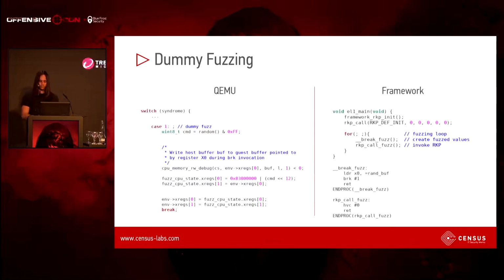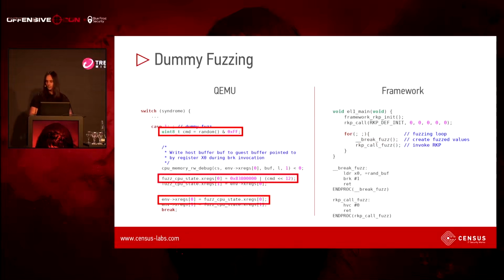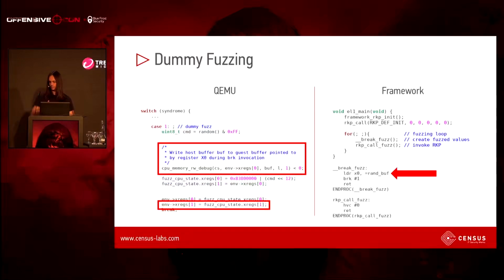So this is how things work. After the initialization, we invoke the break fuzz function, which we can see leads to BRK1. BRK1 is identified in QEMU via the syndrome. We have case 1. So we get a random byte. We create the command. This is the command ID. We create the command and store that in register X0. And then we have the EL1 buffer, and we copy random data into it and place its pointer in X1.